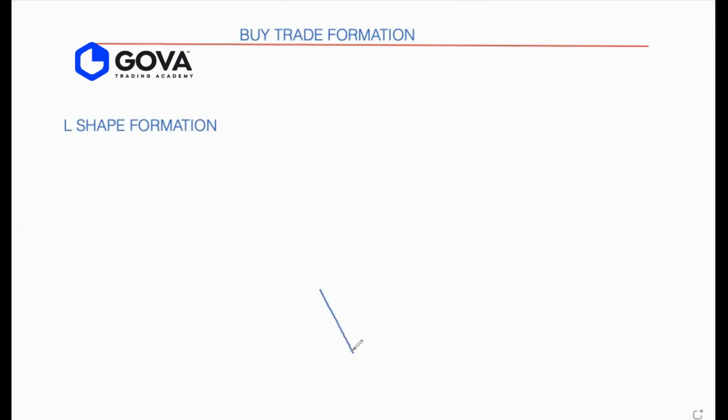And then from there, market price rallied up massively from there, okay? So in short, from this area, you can see this is the drop in price. And then this is the base here. This is the base. And this is the rally in price.